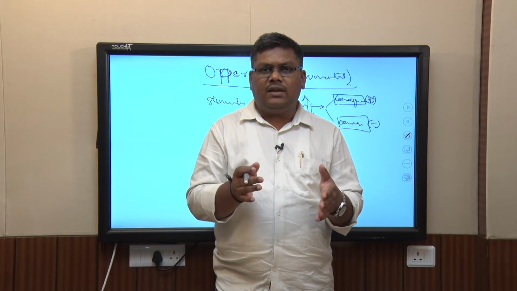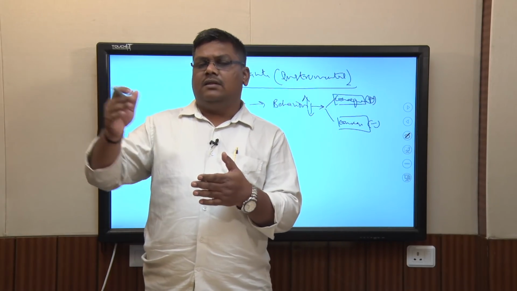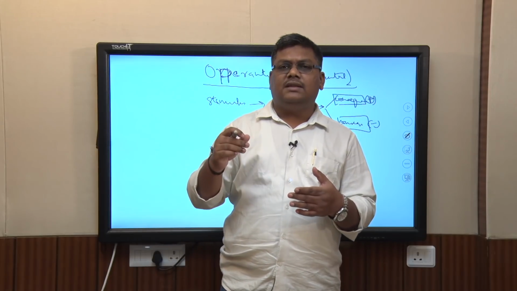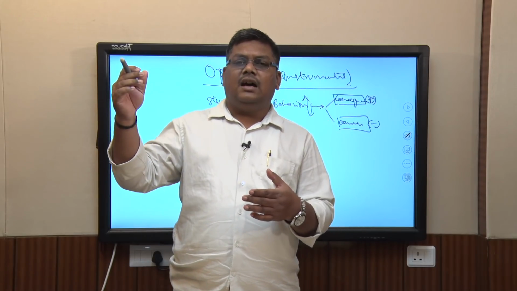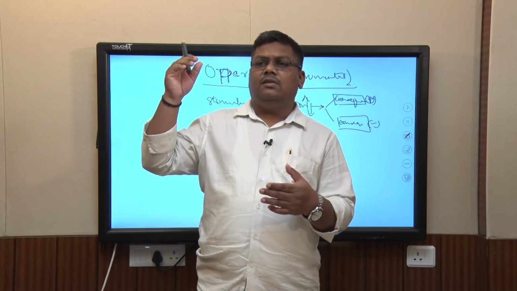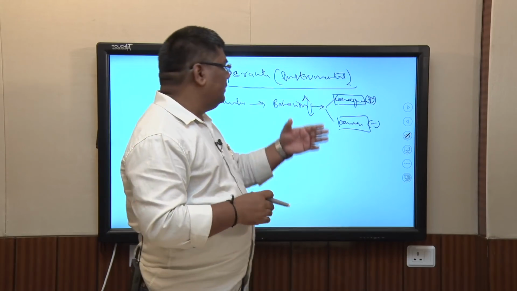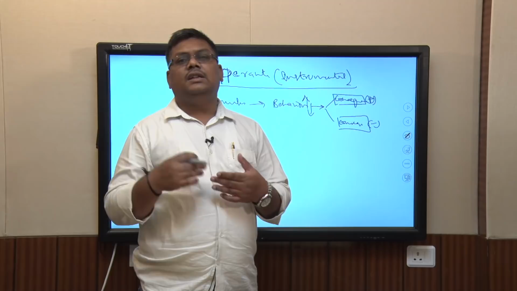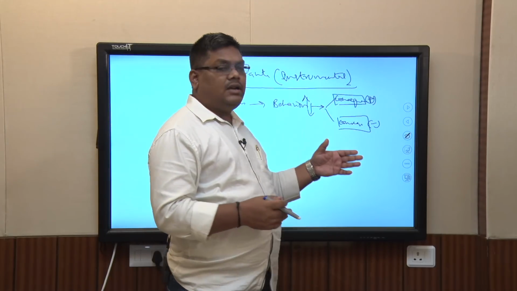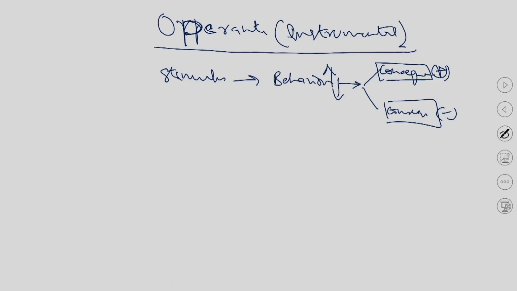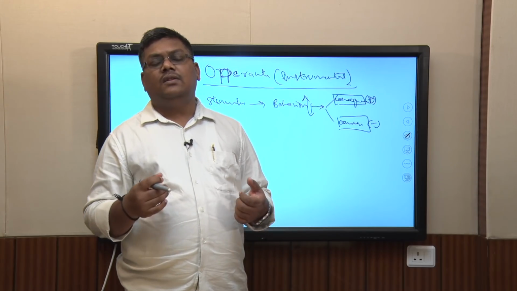So, if the behavior is leading to positive consequences, you will do that behavior again and again, you will get satisfied with the brand, and this will lead to increased buying or increased brand loyalty. But if there is a negative consequence, it will lead to a decrease in the desired behavior, and the behavior will not be there.